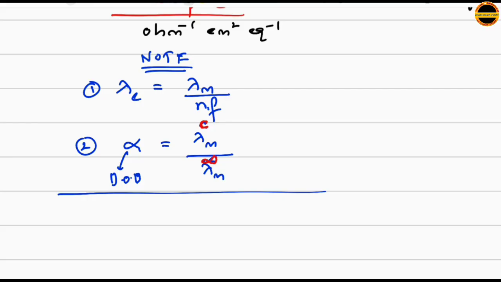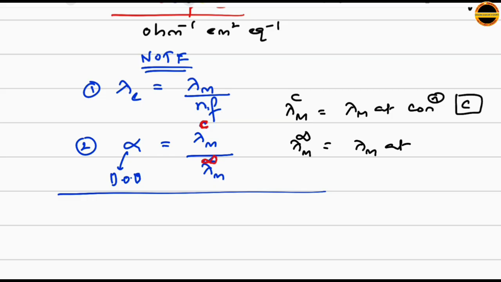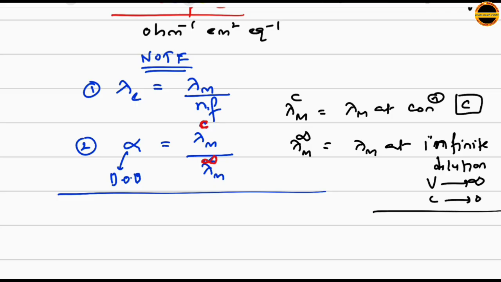Here I am writing lambda m at concentration C, and lambda m at concentration infinity is equal to lambda m at infinite dilution. Infinite dilution means V is infinity, C is 0. Infinite dilution means more and more water is added, so it becomes more diluted.